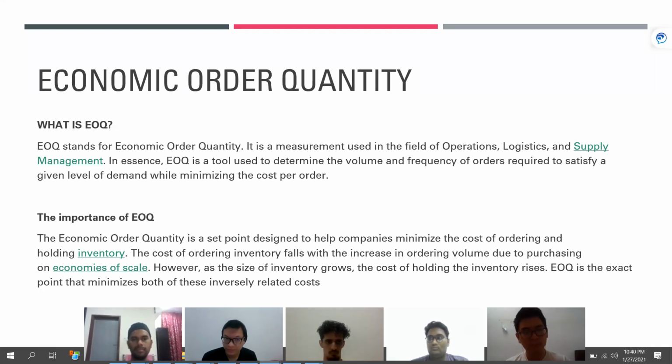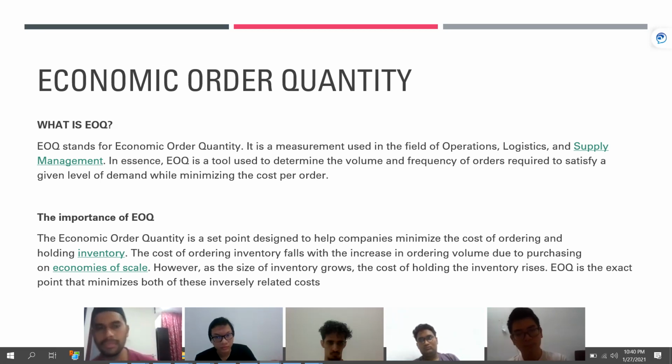Basically, this is a measurement which will be used in the operation field, logistics, and supply management. On top of that, this is also a tool used to determine the volume as well as the frequency of orders required to satisfy a given level of demand, while minimizing the cost per order.